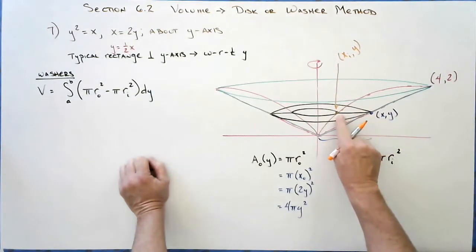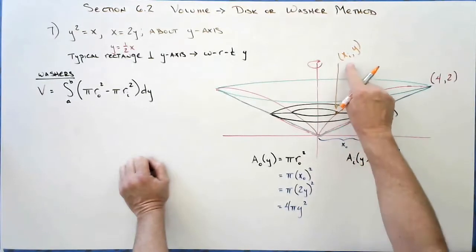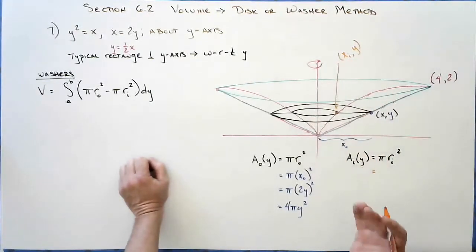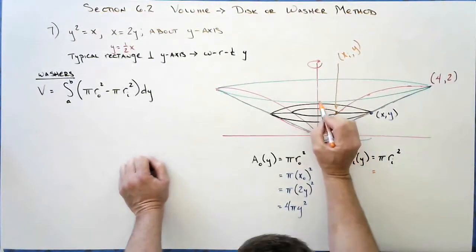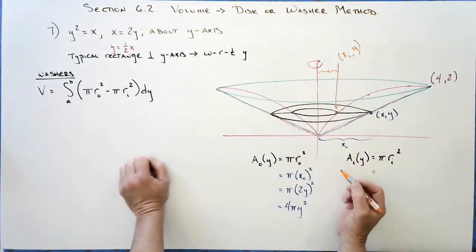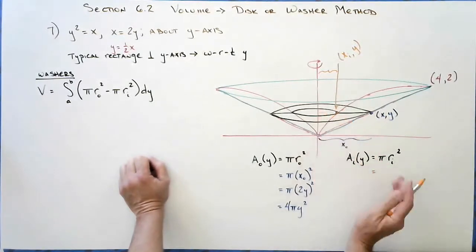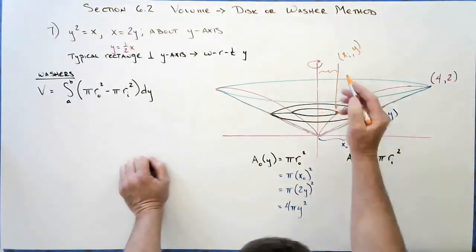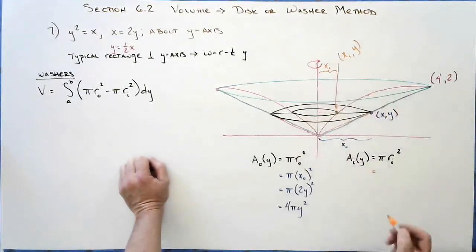Since we have a horizontal slice, the y values don't change, but we can put x sub I for inner x, because we're really going to ask ourselves, how big is this radius? That's the radius of my interior circle, and that, of course, is x sub I.